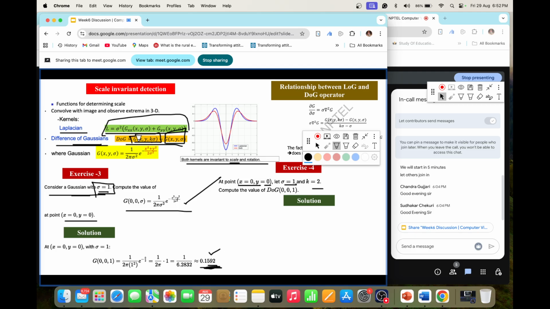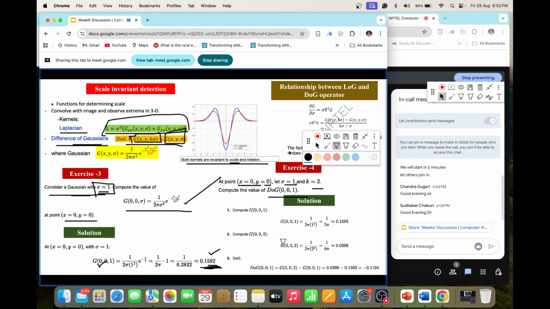Now we have to find G(x, y, k sigma). What is k? 2. So 2 into sigma equals 1, so G(0, 0, 2) we have to find. Then we can do the DoG, that is difference of Gaussian, which will be equal to G(0, 0, 2) minus G(0, 0, 1).